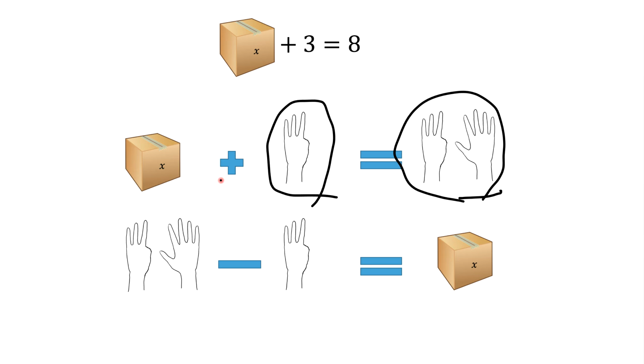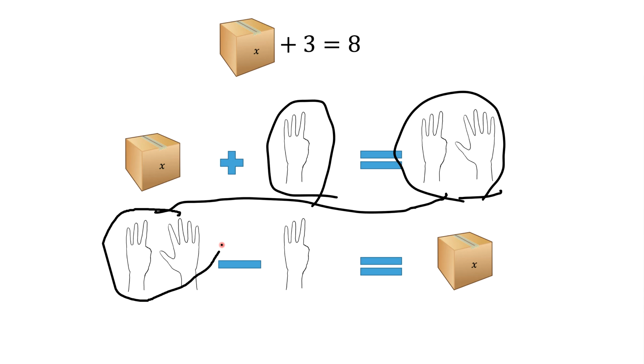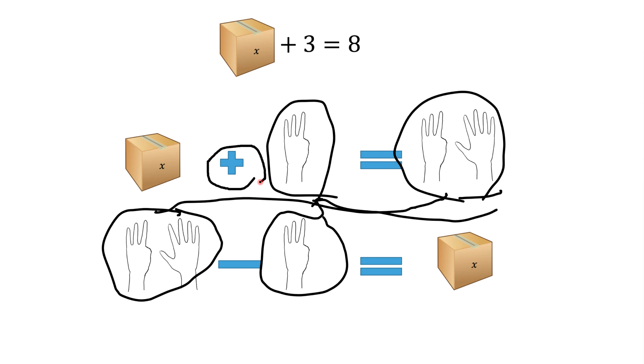So what we did from last time was take the total that I have here, bring it to this side, take this guy and bring it to the other side, which is here, and inverse this operation. So if I have plus, I will make it minus, and I get my answer for X directly, which is 5. So 8 minus 3 is 5.